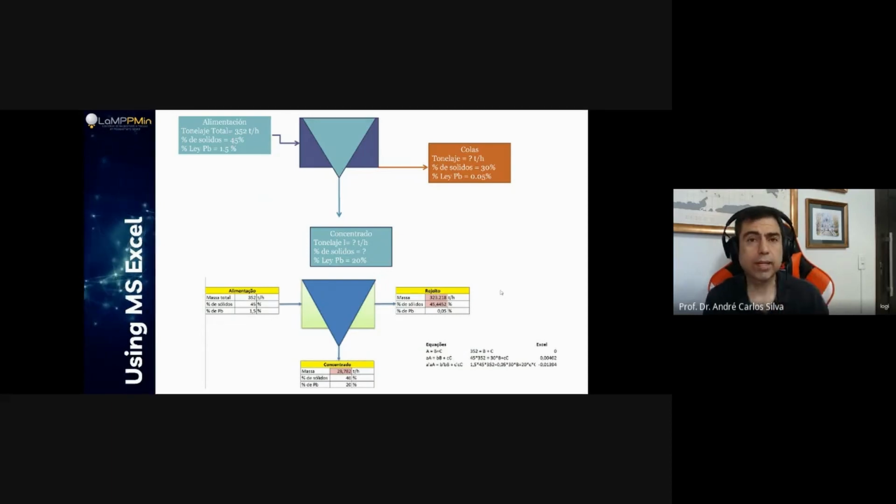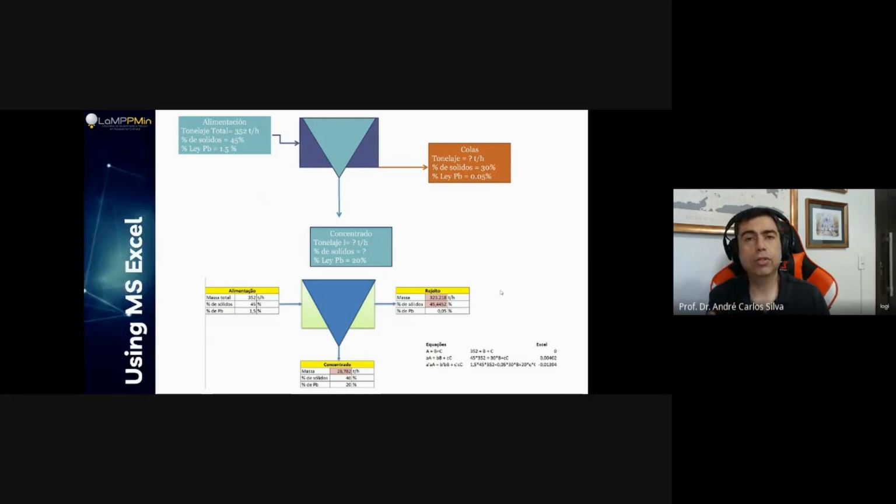So the solver method is going to take care of the cells in order to meet the restrictions and also the objective function. Excel is going to start to change values, and it's going to keep doing this process until it reaches the objective function that I defined for it.